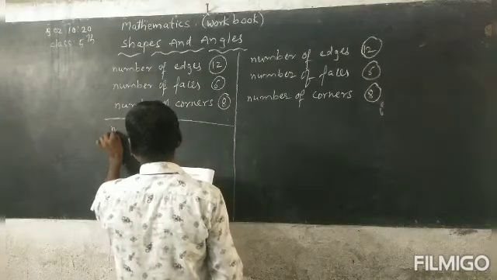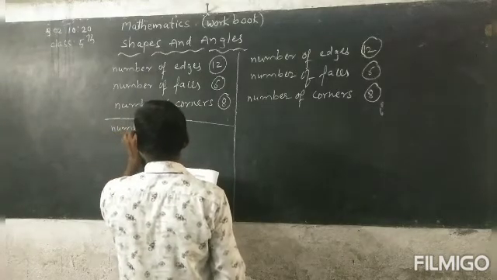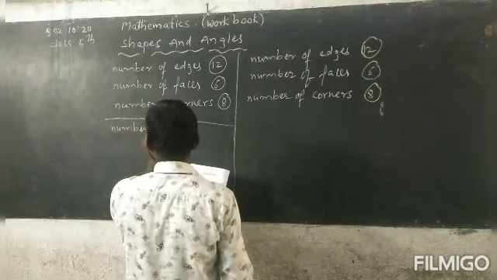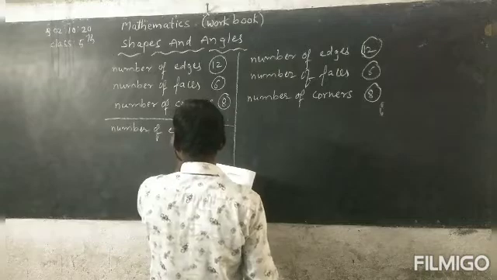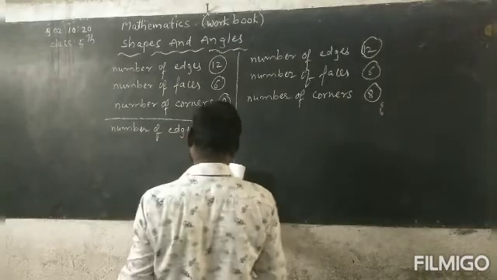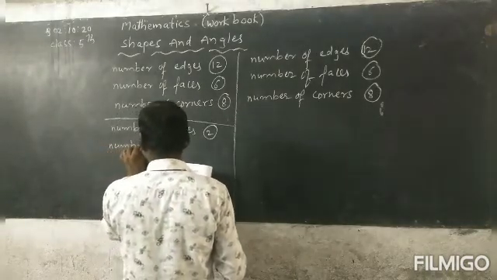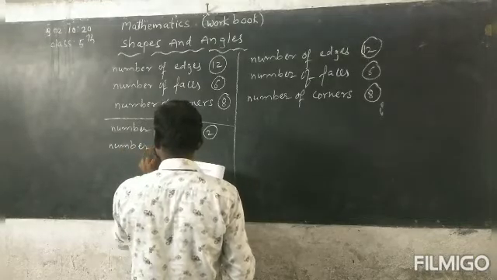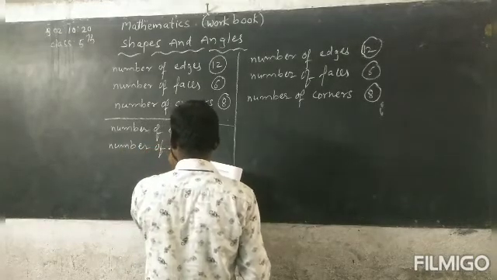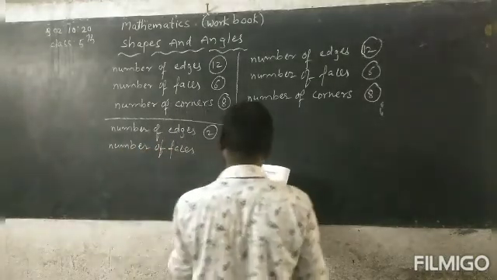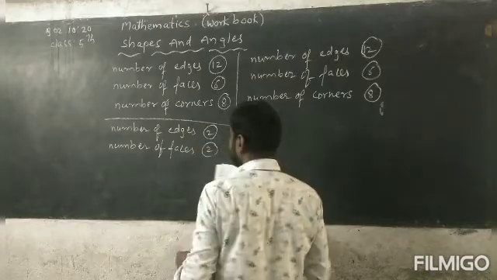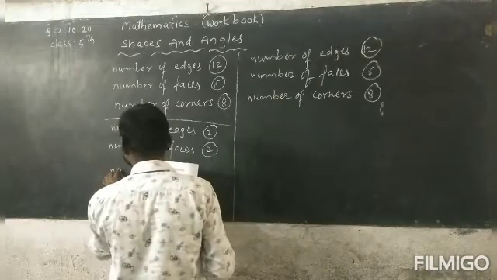How many edges? 2 edges. Number of faces 2. Number of corners 4.